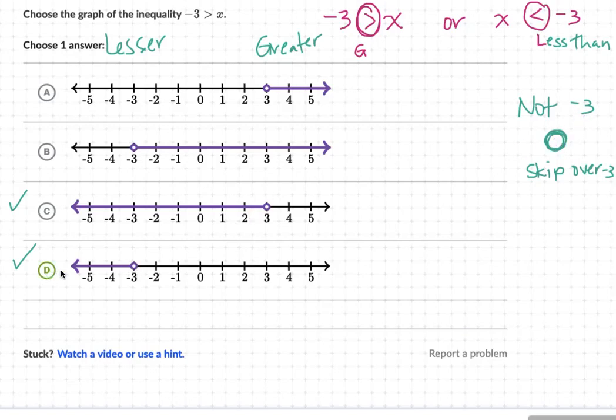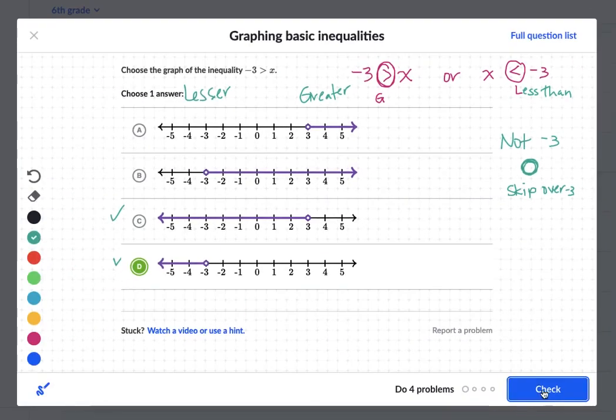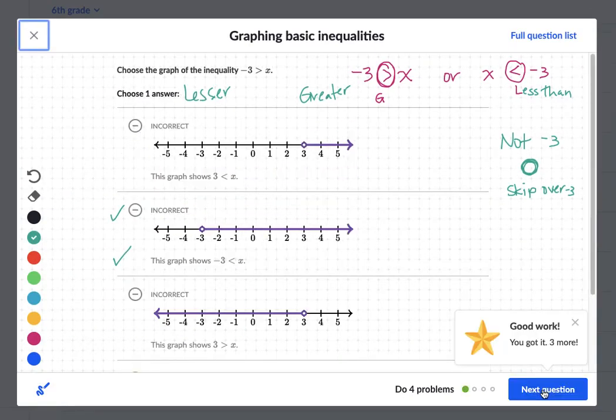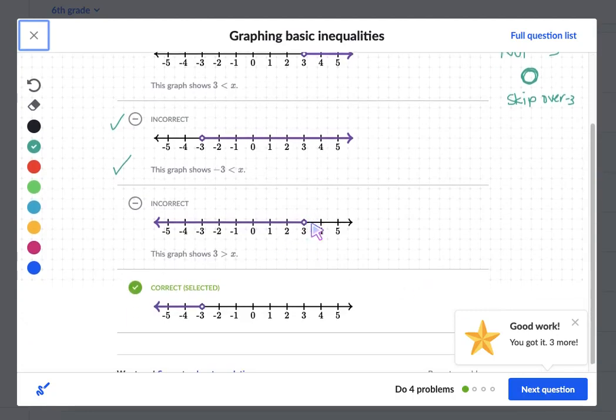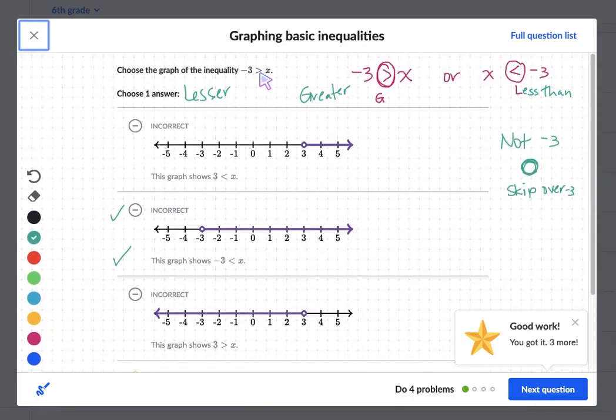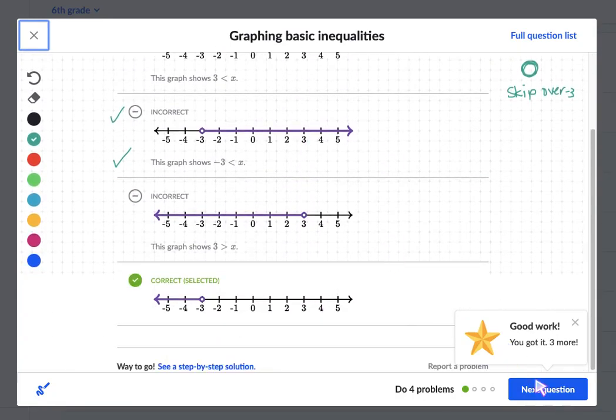Oh, that's D. Only D has an open circle on -3 because it's not including -3. It's less than -3, and it has the numbers shaded to the left. So you should have gotten D for that answer. The other one had +3 shaded in. That's not what the problem is asking us. It's -3.